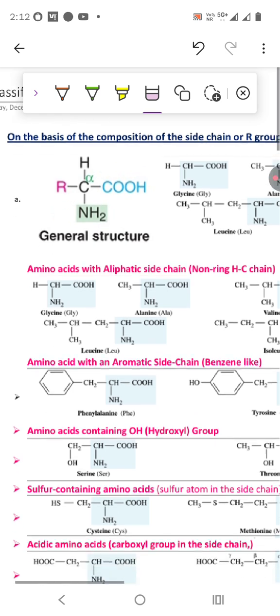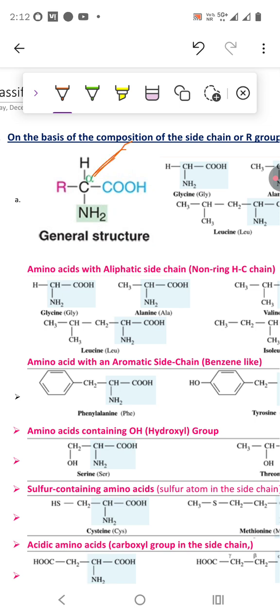And as you can see here, there is an alpha. What is this alpha? In organic chemistry, alpha carbon refers to anything that attaches to the main functional group. How to determine which one is the main functional group? In the last video we discussed this. Actually there is an IUPAC rule. In that order, the carboxylic acid comes first and the amine comes last.